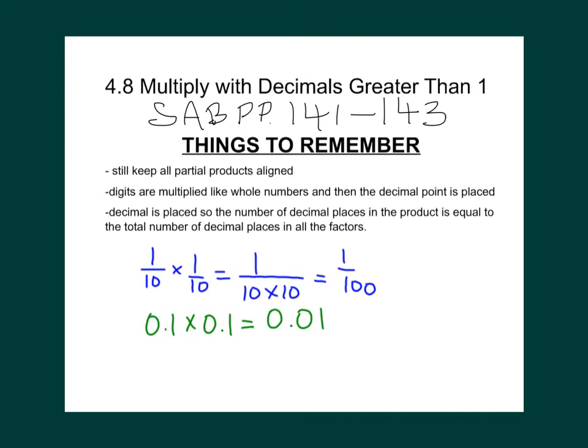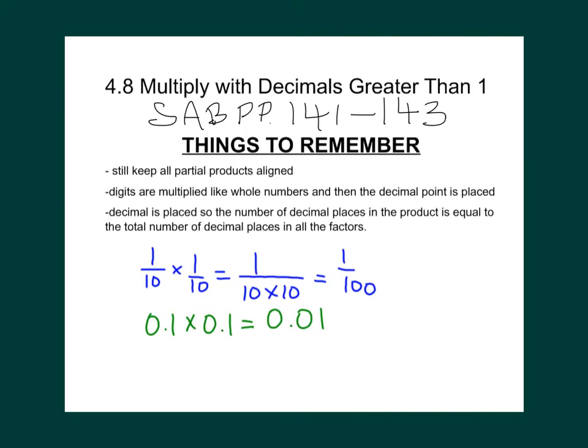Now, how do you place that decimal? The decimal is placed so that the number of decimal places in the product is equal to the total number of decimal places in all the factors. However many decimal places you have in the top factor and the bottom factor, you add them together and put them all into the product.